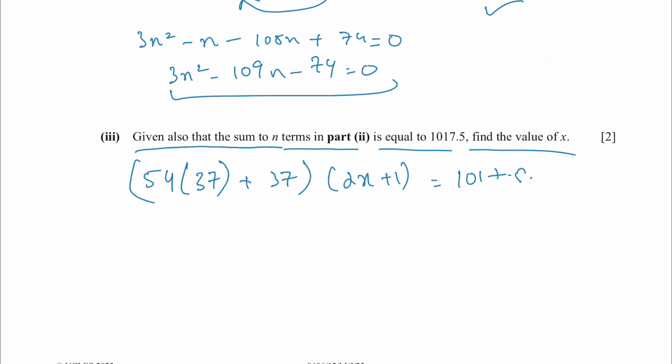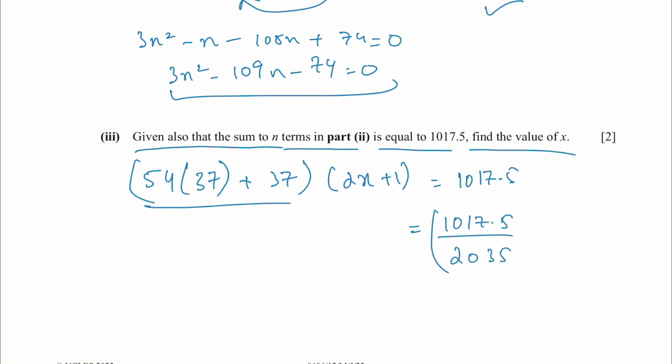Let's calculate this part. We get 54 multiplied by 37 plus 37 as 2035. Then 1017.5 is divided by 2035, and then subtracted by 1 and divided by 2.